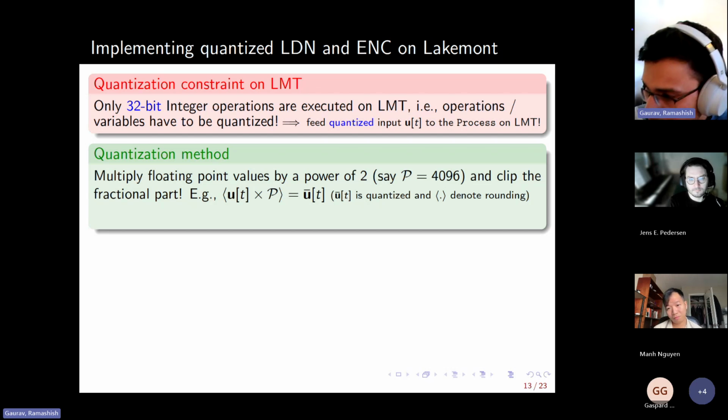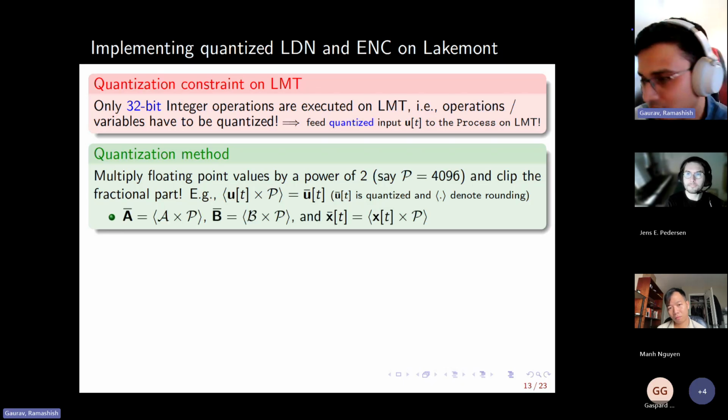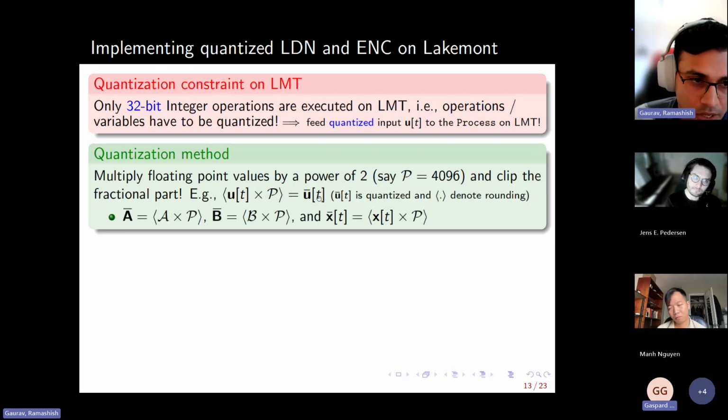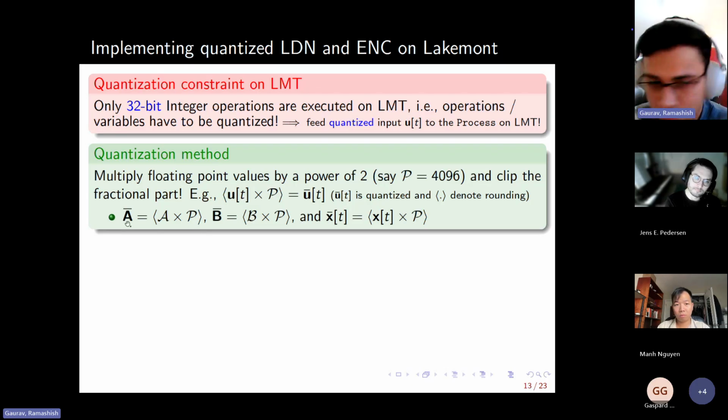Using the same method, you can also obtain other quantized variables, for example, the quantized state matrices. So here you have got your continuous real-valued A, and then you multiply that by P and again round it off, and you obtain the quantized A bar matrix.